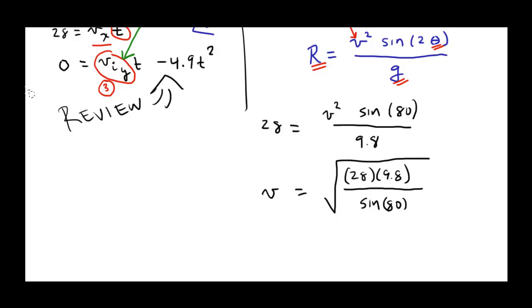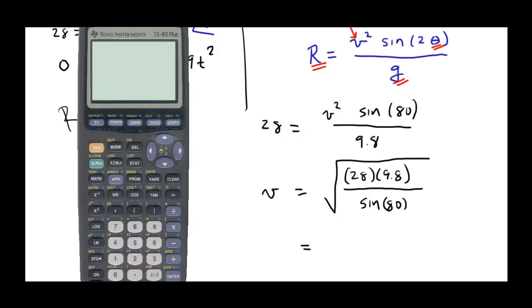So here we go. What is v? Calculator out. Square root of 28 times 9.8 divided by the cosine, or sorry, sine of 80.